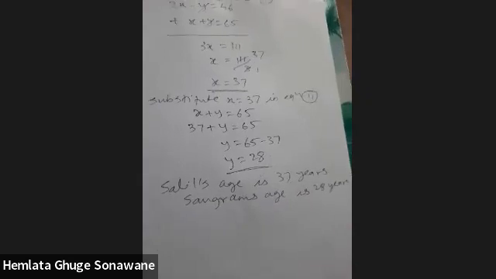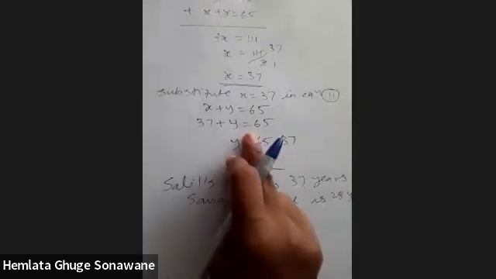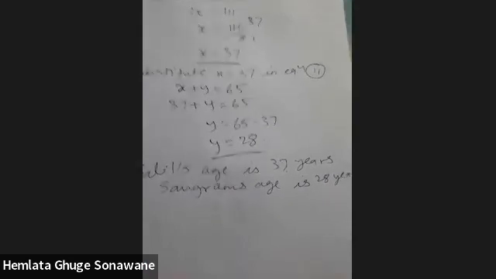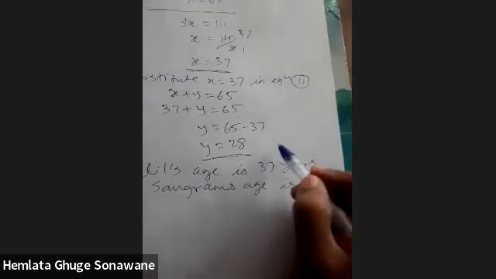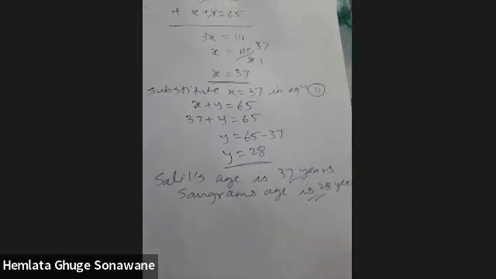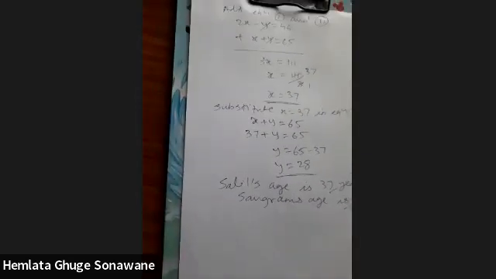You can check these values by using the equations we have got, so that you get to know whether these values are correct or not. Just go through the solution once.